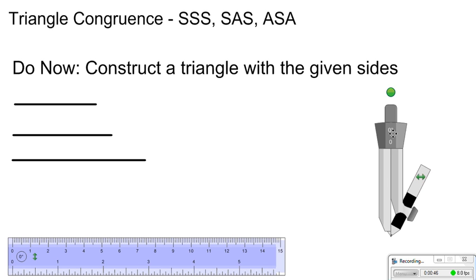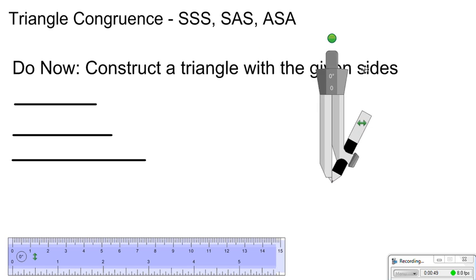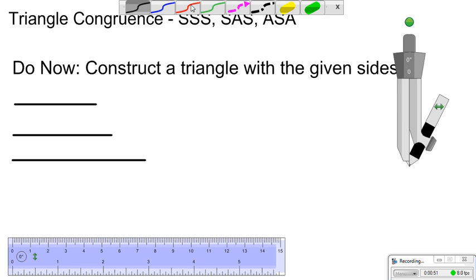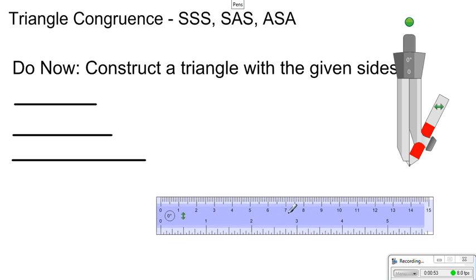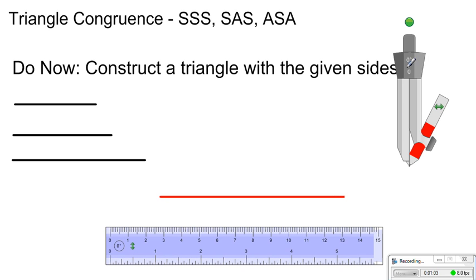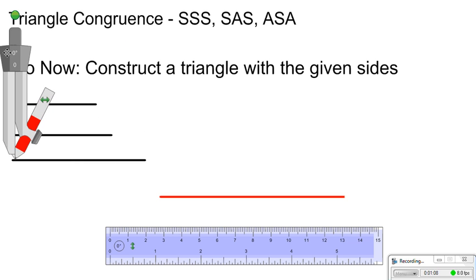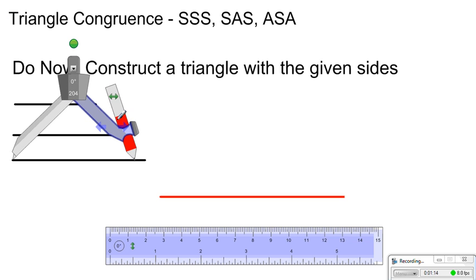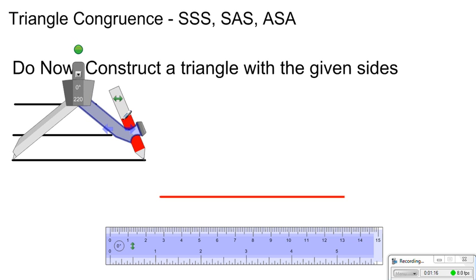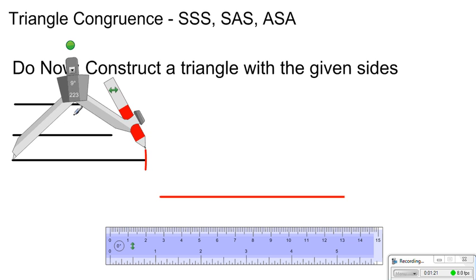All right, now what I'm going to do is this. I'm just going to be using the red ink. First, I can draw a line segment that seems to be longer than what's given here. Then next, I will use the compass and measure the length using the spread of the compass.